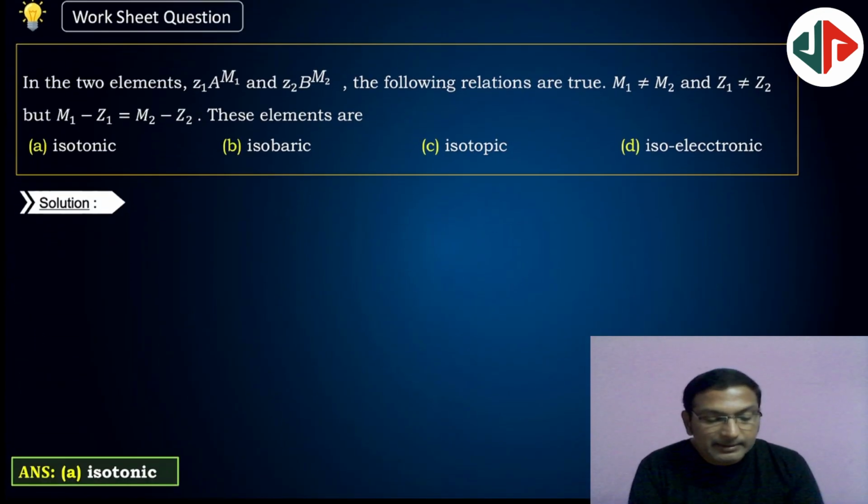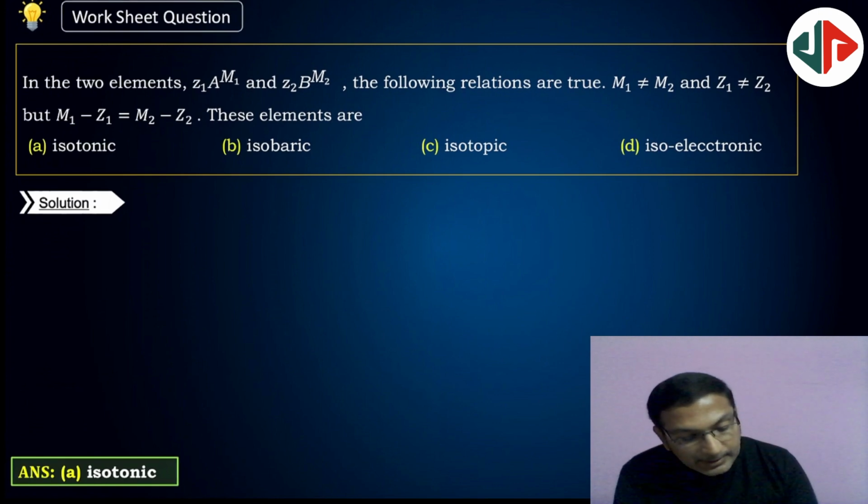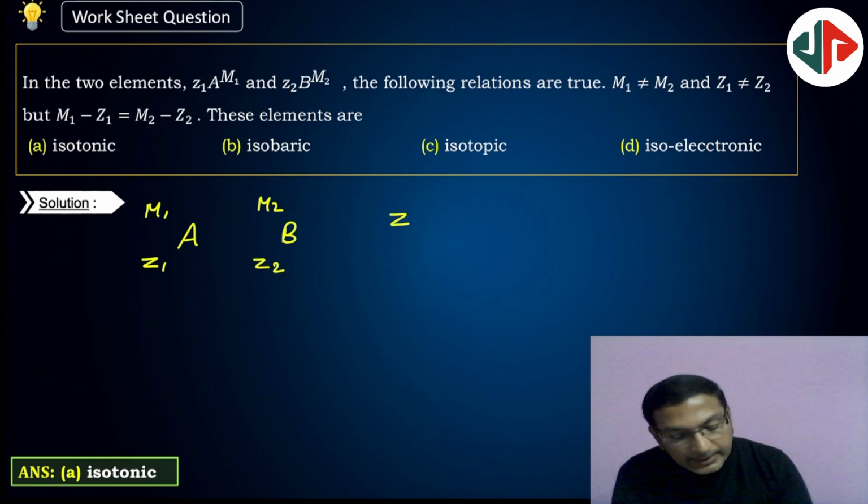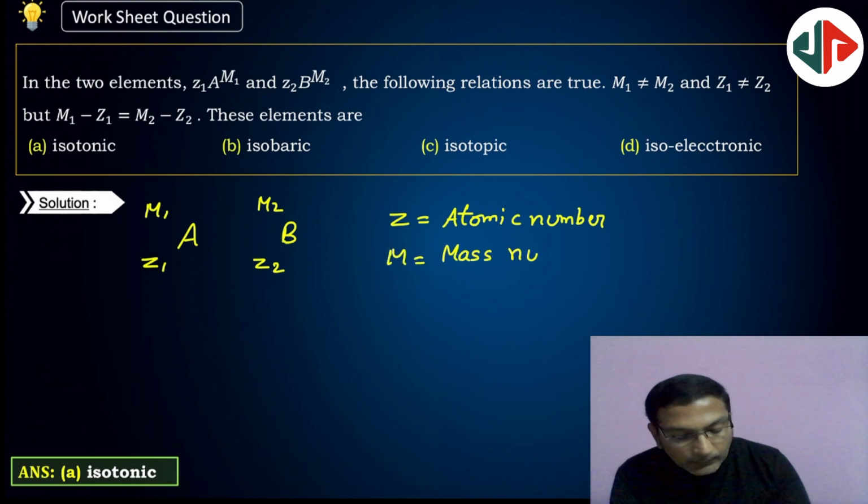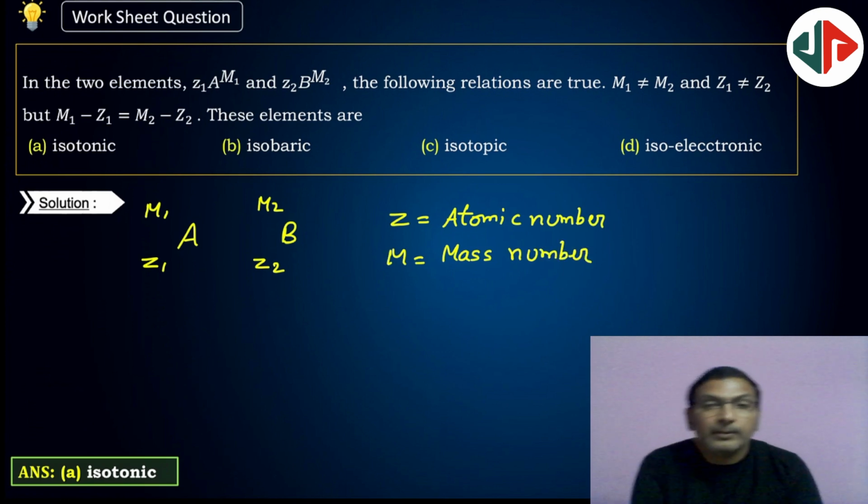In two elements, here two elements are given, A with Z1, M1 and B with Z2 and M2. Where Z is atomic number and M is mass number, or we can take atomic weight also.